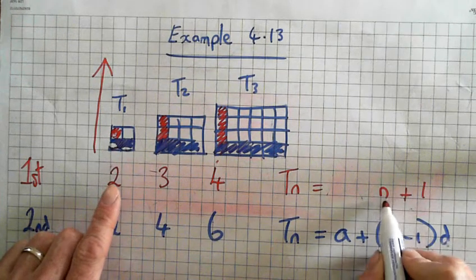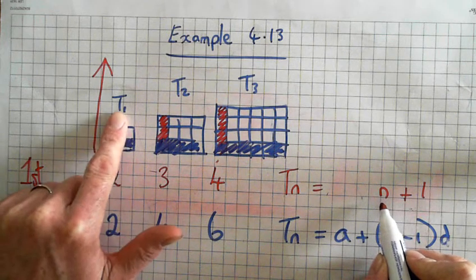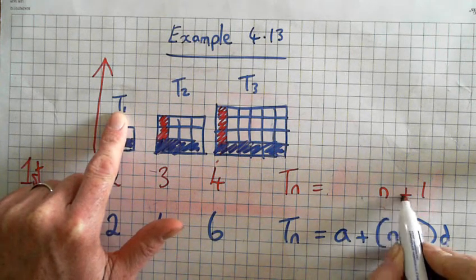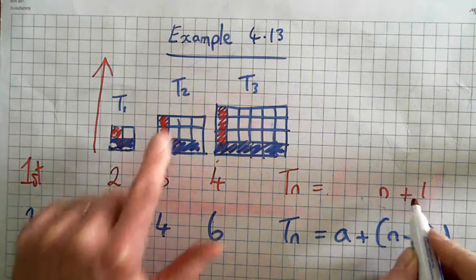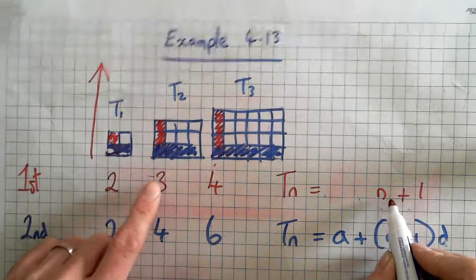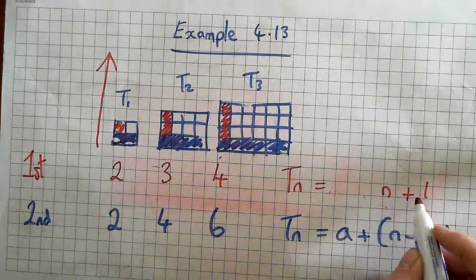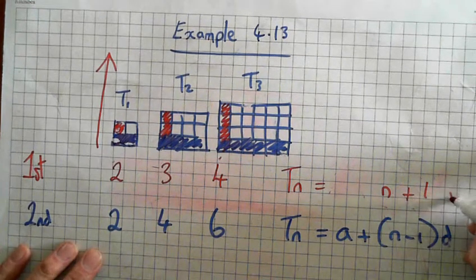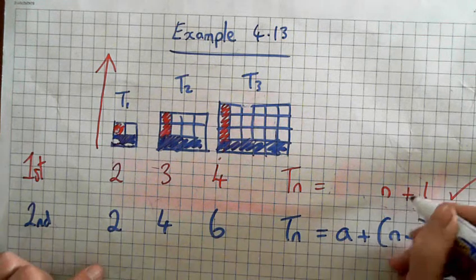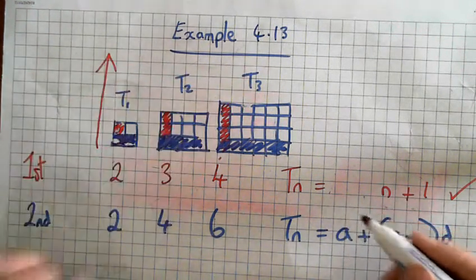Just have a look at it, see if it's right. If we put in 1 for n, 1 plus 1 is 2. If we put in 2 for n, 2 plus 1 is 3. If we put in 3 for n, 3 plus 1 is 4. So that's correct, isn't it? So that's the formula for our height.